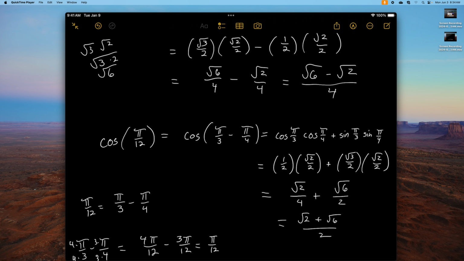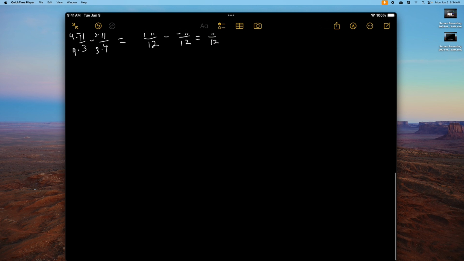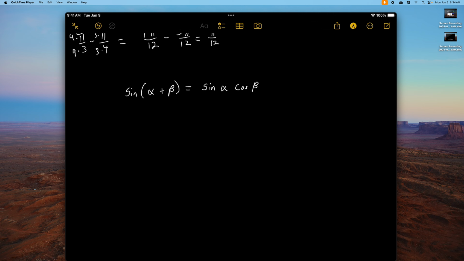Okay, now that's the sum and difference formula for cosine. Let's look at the sum and difference formula for sine. The sum formula for sine is going to be sine of the first angle cosine of the second angle plus cosine of the first angle sine of the second angle.